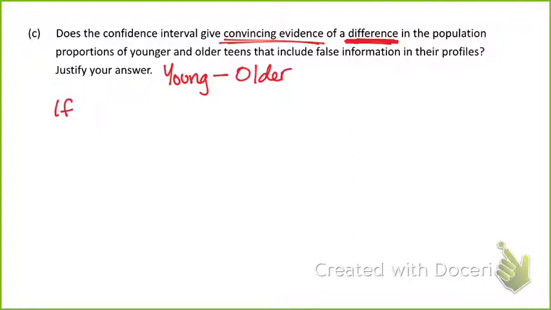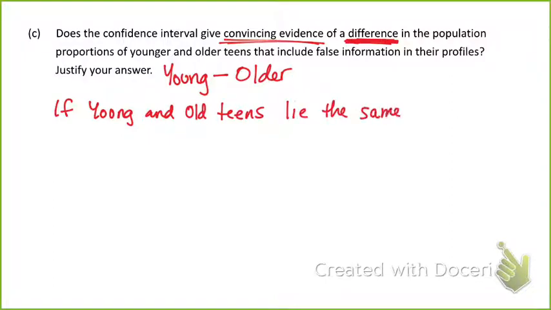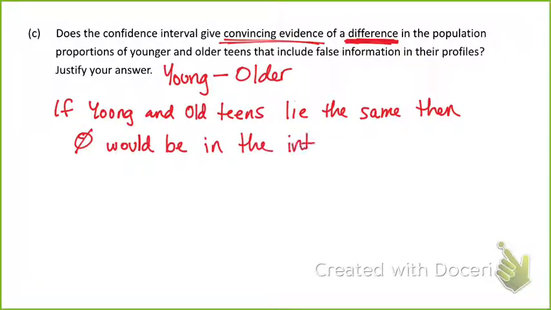So if young and old teens lie the same, then 0 would be in the interval of values. Remember, that interval is what you think the actual truth could be. And if they were actually lying the same, then 0 should be in my interval.